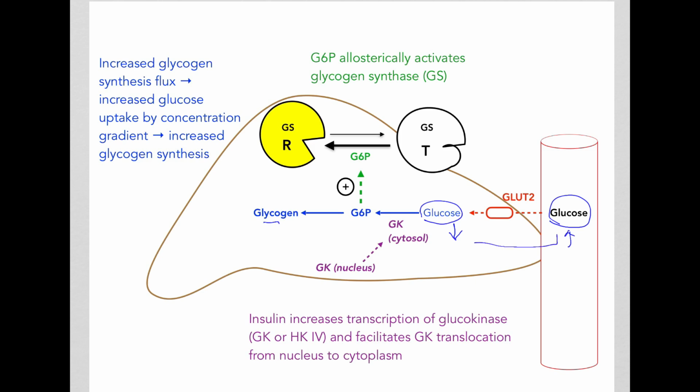Once again, that will lead to a concentration gradient, and that concentration gradient will lead to more glucose from the bloodstream entering the cell, and that glucose being converted to glycogen. So there is increased glycogen synthesis flux due to this dependence of glucose transport together with glycogen synthesis.